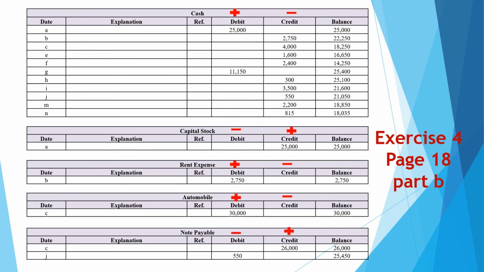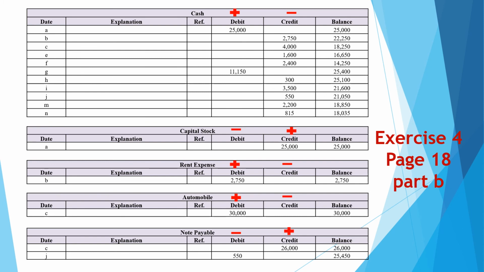On date B, the cash account was in credit for 2,750. That's why we transfer this credit amount to the credit column in the general ledger. Always for the cash account, when the amount is in credit, to find the new balance, we take the previous balance minus the amount of the current date, and we find the new balance.